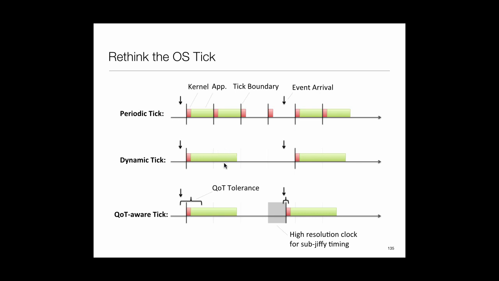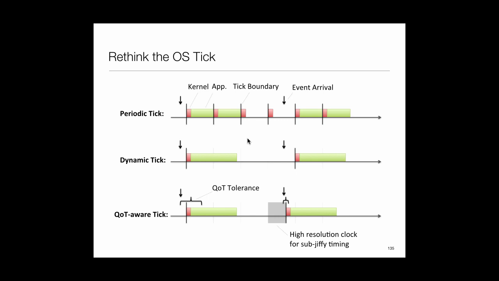Some of the work in recent times, some of you may have heard of something called tickless kernel in Linux, refers to the fact that when the system is not doing anything, I'm still doing this tick, and that starts causing problems.